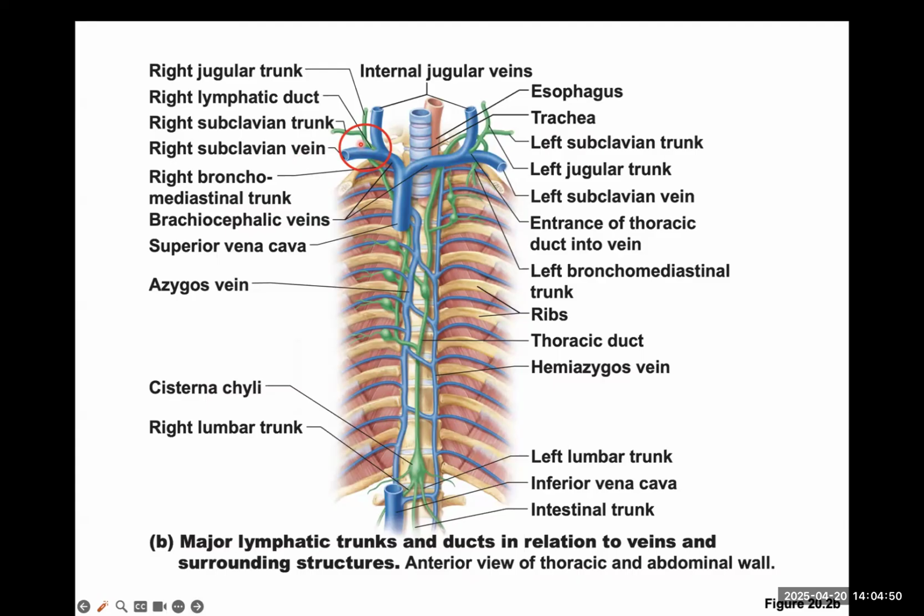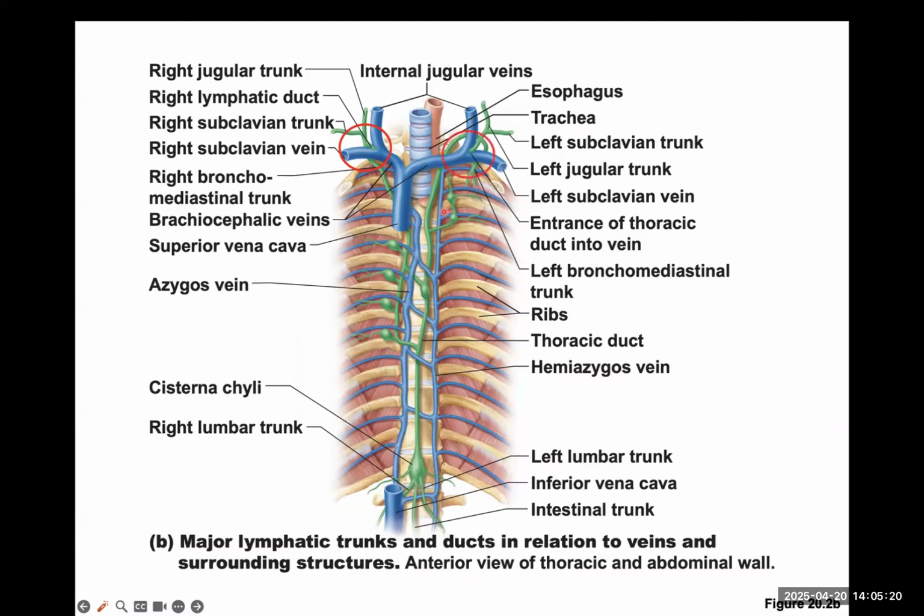So if you follow the cisterna chyli and move all the way up, there's going to be the thoracic duct, and that's going to be connected. That's going to be dumping all the left side under the left subclavian. So it's going to dump all the contents into the right atrium. These two will merge into the superior vena cava.